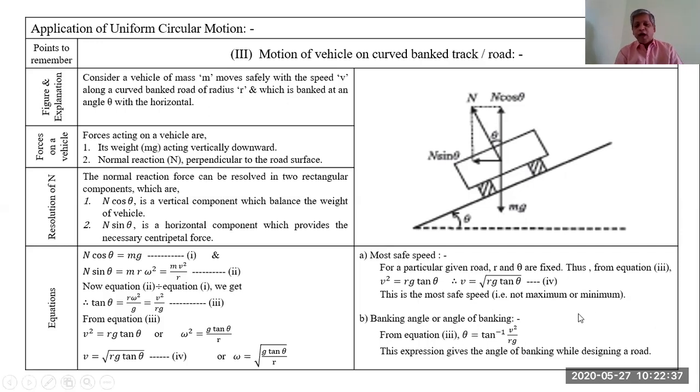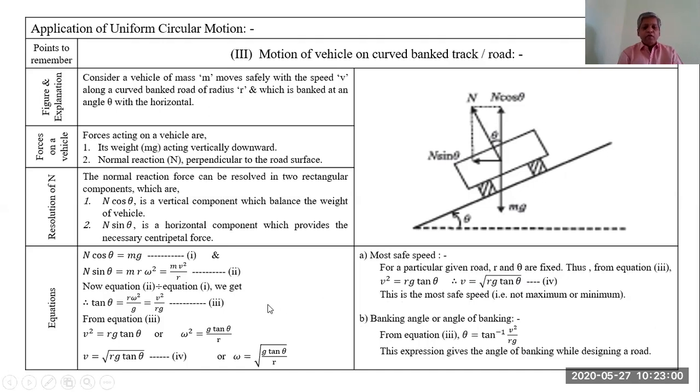For a particular given road, the radius of the curved road and the angle of banking are fixed. Thus, from equation third, v is equal to square root of rg tan theta. This is the most safe speed for the curved banked road.